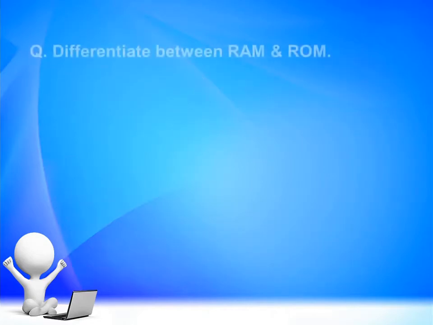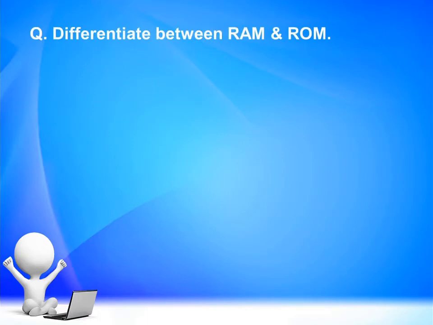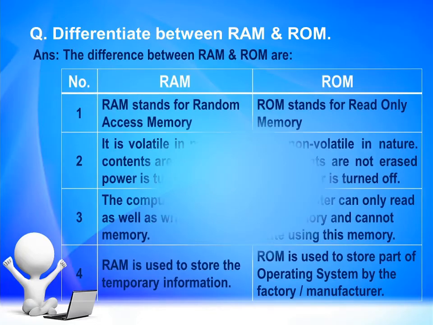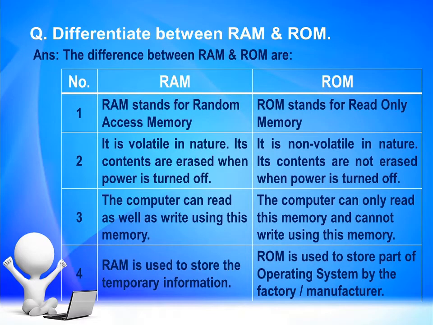Now, next question is, differentiate between RAM and ROM. The differences between RAM and ROM are: number 1, RAM stands for Random Access Memory, whereas ROM stands for Read-Only Memory. The second one, RAM is volatile in nature.